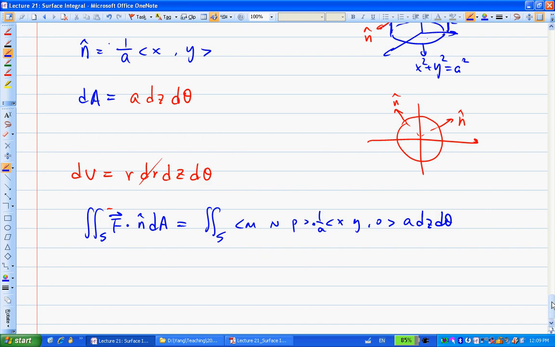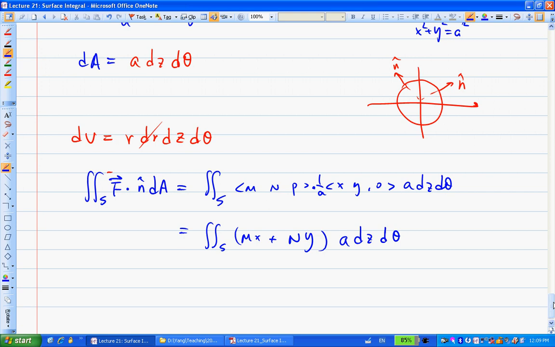Okay, so that's the surface integral, and this a cancelled, and then in the dot product, there's a 0 there, that's great, and we have mx plus ny, and a dz d theta.